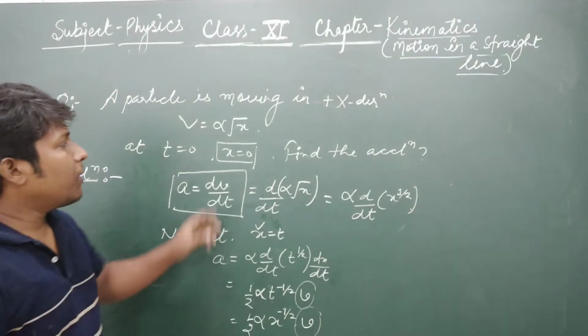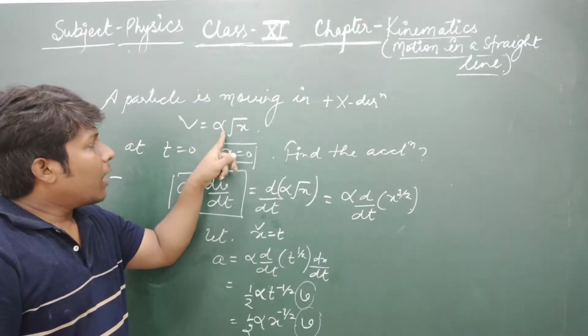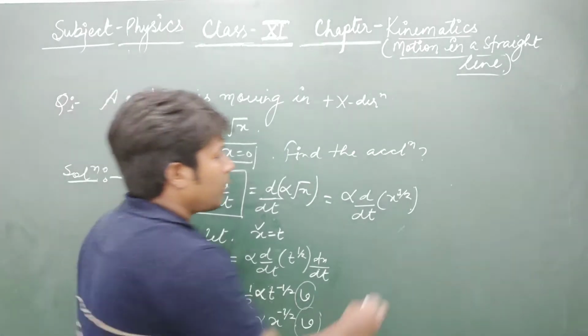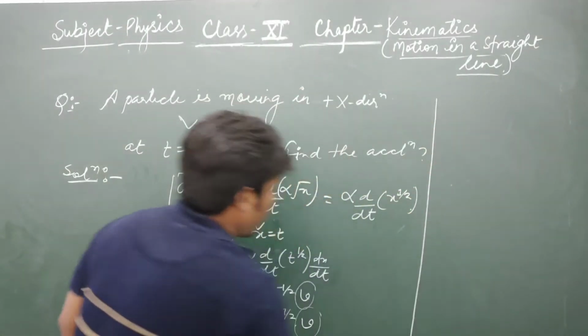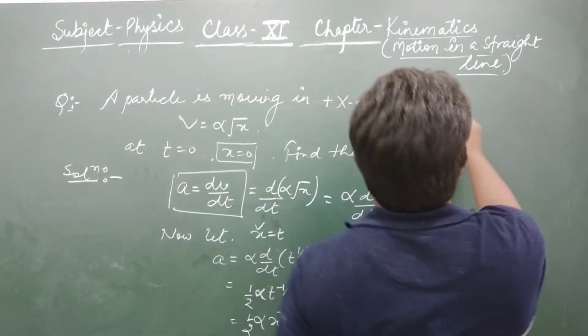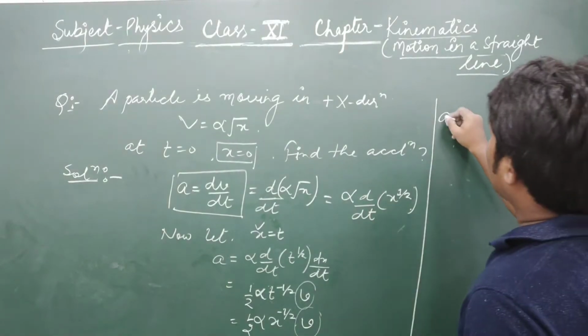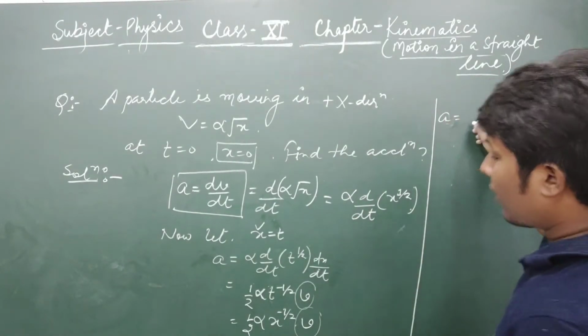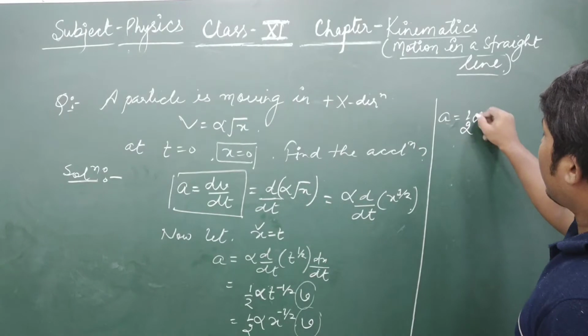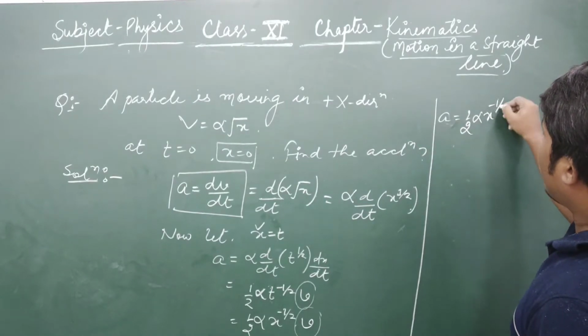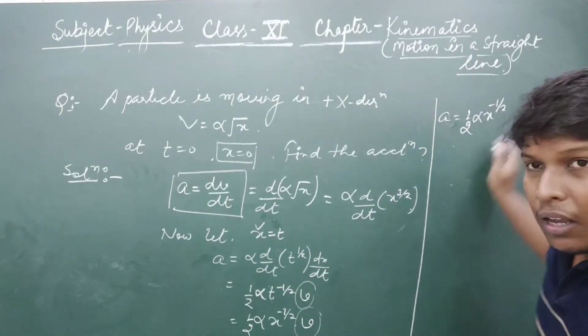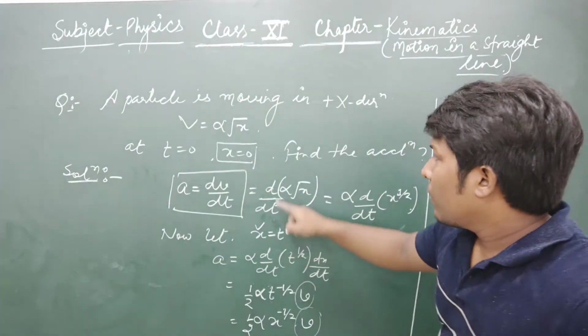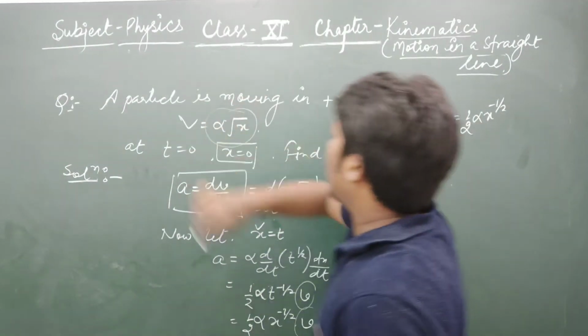Okay, and what is v? v is equal to again alpha root x. So now the expression of acceleration is half alpha x raised to the power minus half, and the value of v is alpha root x.